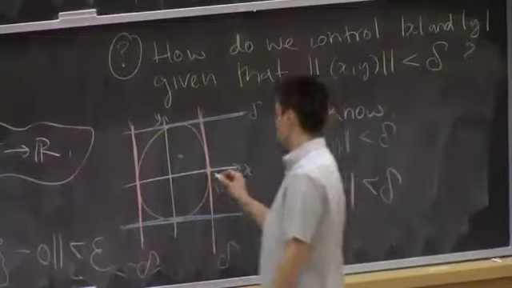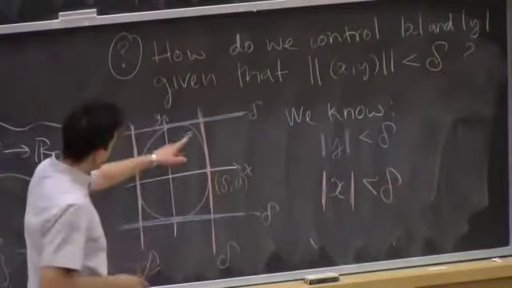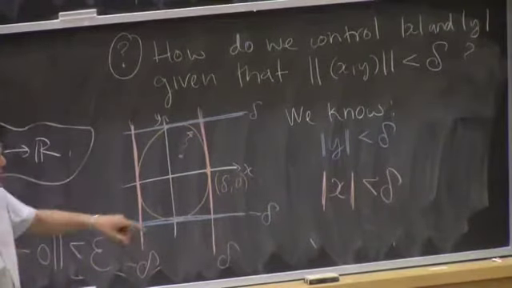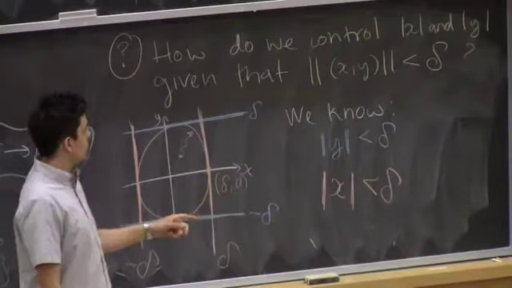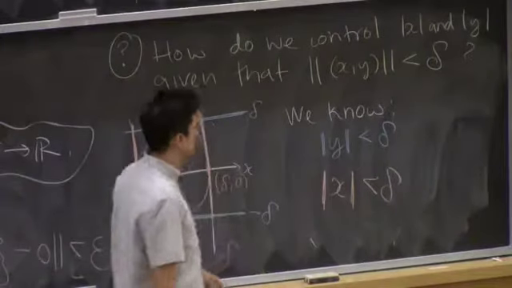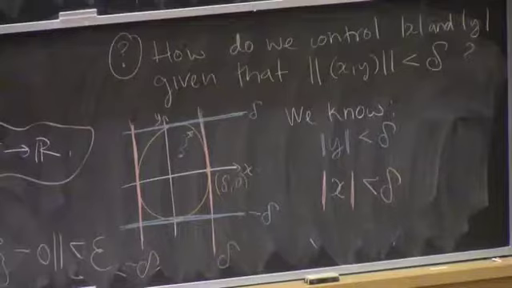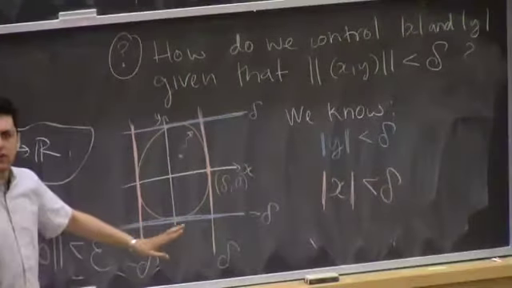Our point could wander up to, say, here, and it's in this circle, and it can never get into the corners of the box, but we don't need the corners of the box. We just need to know both of these quantities are controlled. Very good. Any questions about this setup so far?